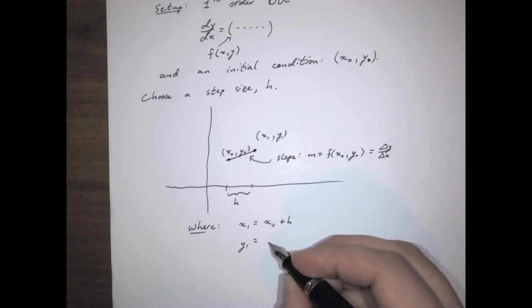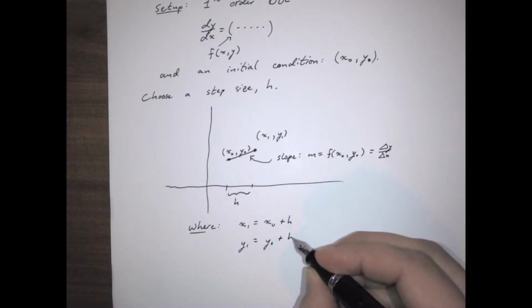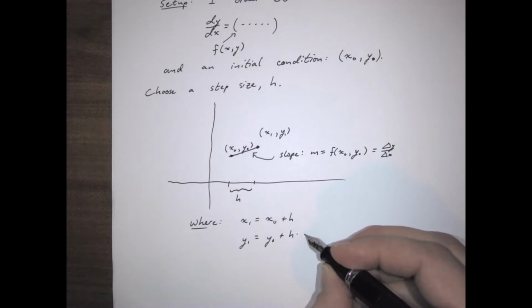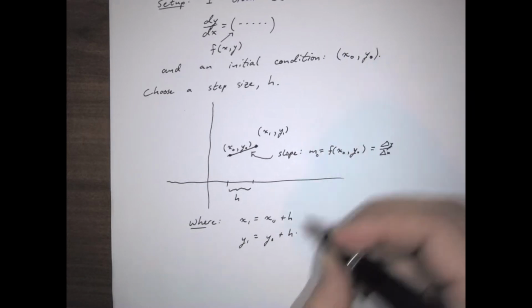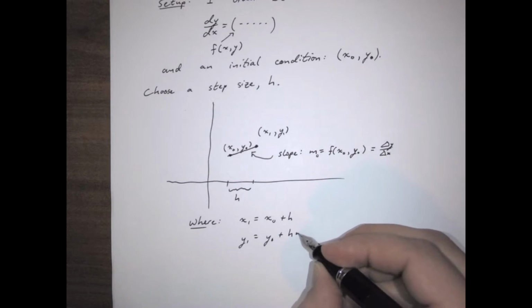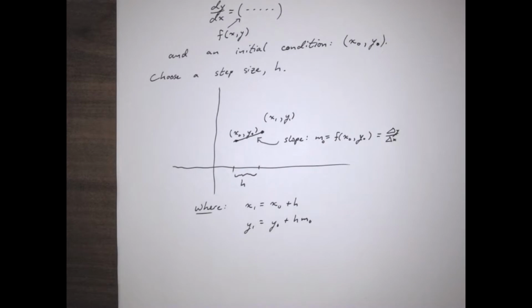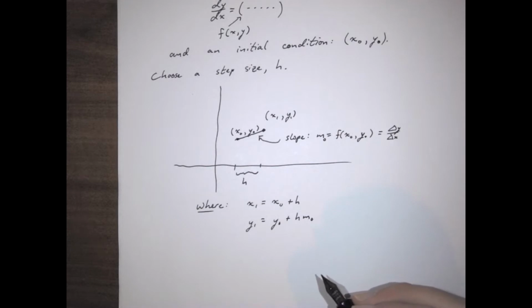So the y value is going to go up by the step size, which is the run, times the slope. We can just call this m naught. Then we would continue to iterate this over and over again for as many data values as we wanted.